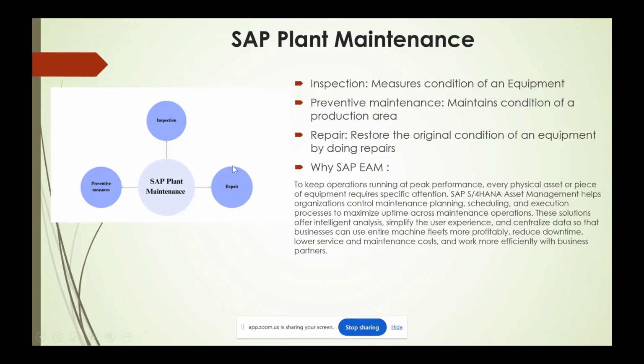And then what is repair? Repair is when equipment is running, and due to some issue it breaks down or stops. Now you will go and check why it broke down and what measures you need to take to repair the equipment.